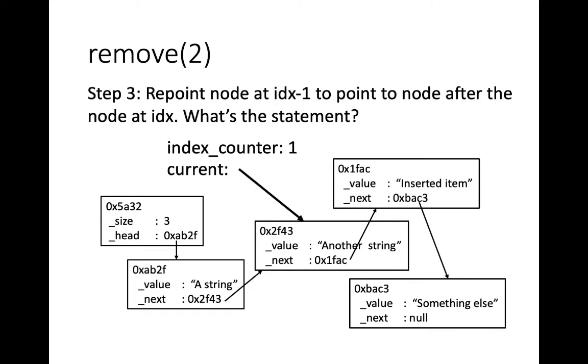We want to repoint that node so that it points to the one after the node at index, right? So what is the statement? We can do this with a single statement for setting the next field of the current. We want to set the next field of the current node, this one, so that instead of pointing here, it skips over this and points here instead. All right, so think about what that statement's going to look like, and then we'll get some suggestions.